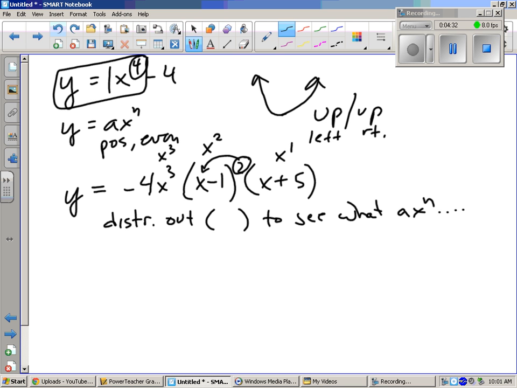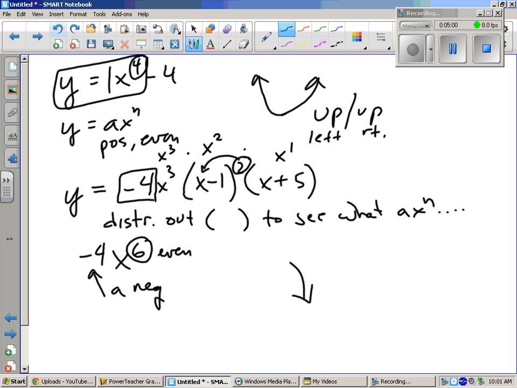If I multiply all of those together, I'm going to get x to the 6th. That's going to be our highest power. The negative 4 becomes the a. So a is negative, which means it's going to fall to the right. 6 is even, so it's going to do the same thing at the front. So this one goes down and down.